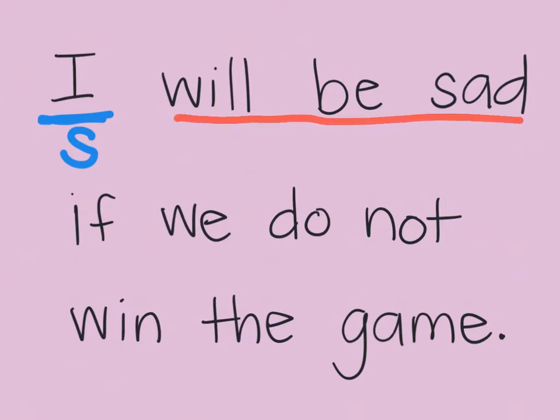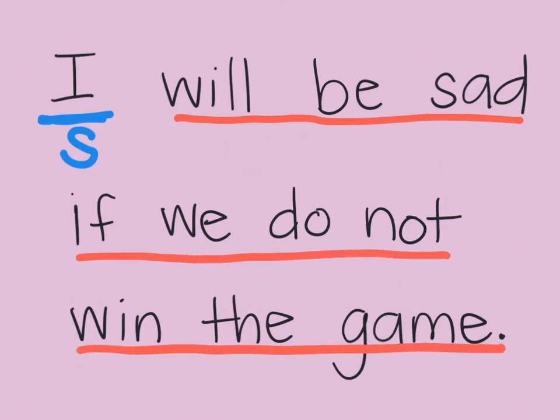Will be sad if we do not win the game. All of that is the predicate. So with our subject and predicate, we have a full, complete sentence. And what's at the end of this sentence that tells us it's the end of the sentence? That's right, a period.